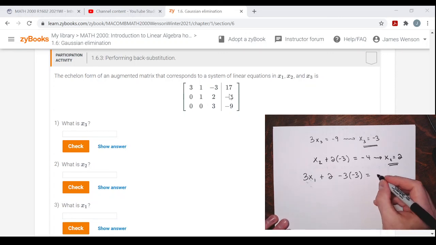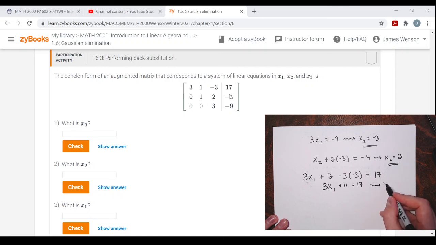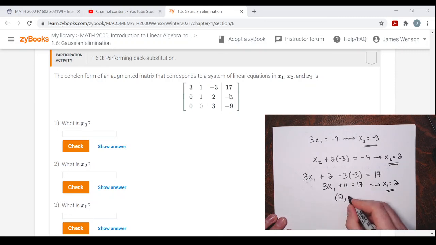Should be equal to 17. So this is 3x1 plus 2 plus 9, which is plus 11, equals 17. Subtract 11, divide by 3, and you get x1 equals 2 as well. So 2 for x1, 2 for x2, negative 3 for x3 is the solution to this system that this matrix represents.